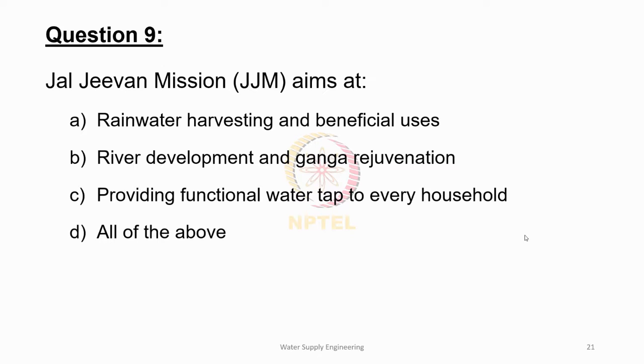So, what is the primary aim of Jal Jeevan Mission? Is it regarding rainwater harvesting, or river development and Ganga rejuvenation, or functional water tap supply to every household, or is it all these things? What does Jal Jeevan Mission aim at?